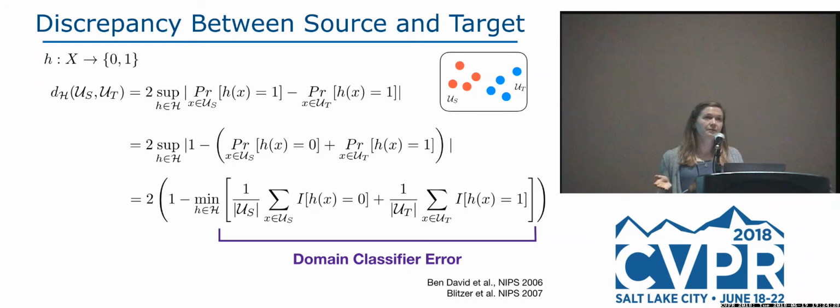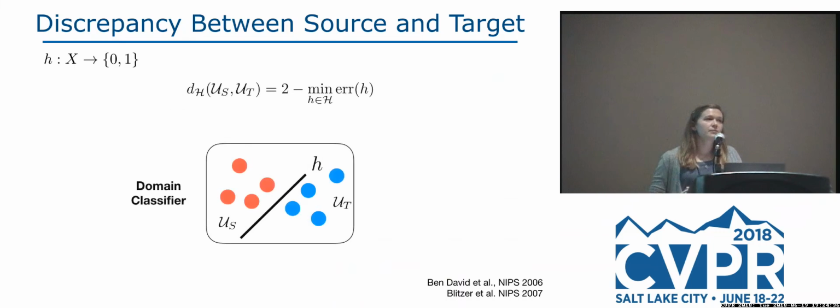classifier error. So this is the key detail that's going to start connecting us up to these adversarial learning procedures. And that's simply that this notion of how far apart source and target are, in terms of this notion of discrepancy, can be empirically approximated by looking at the error of our domain classifier.